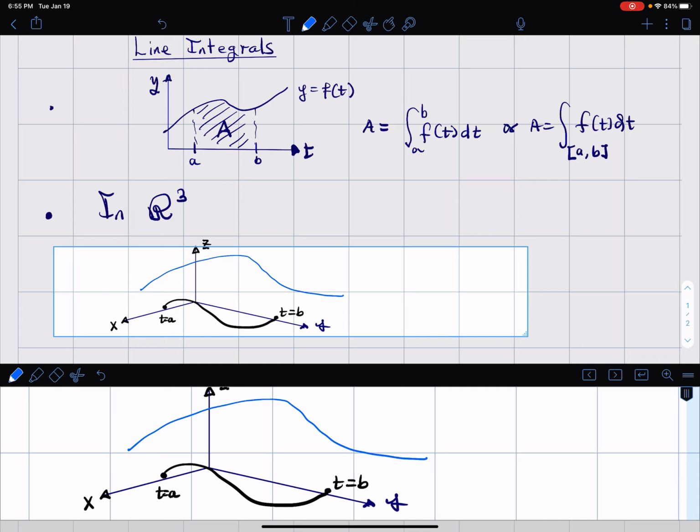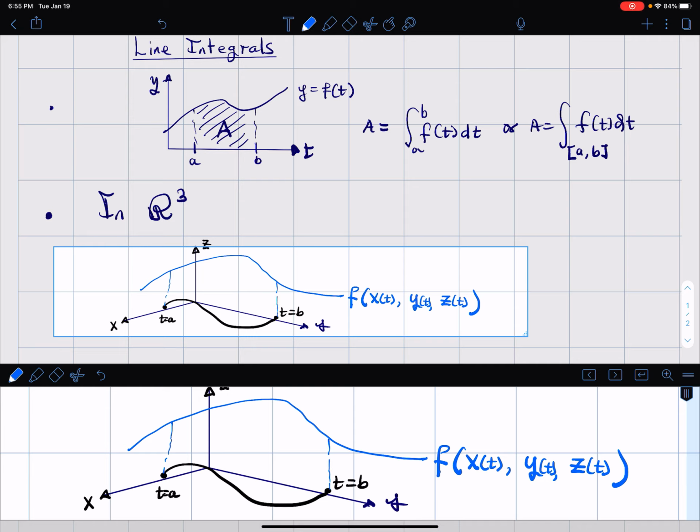And this function right here is a function, so maybe it's a function of three variables. Think about it as a function of x, y, and z. Remember, since t is our parameter, x is a function of t, y is a function of t, and z is a function of t. That way.